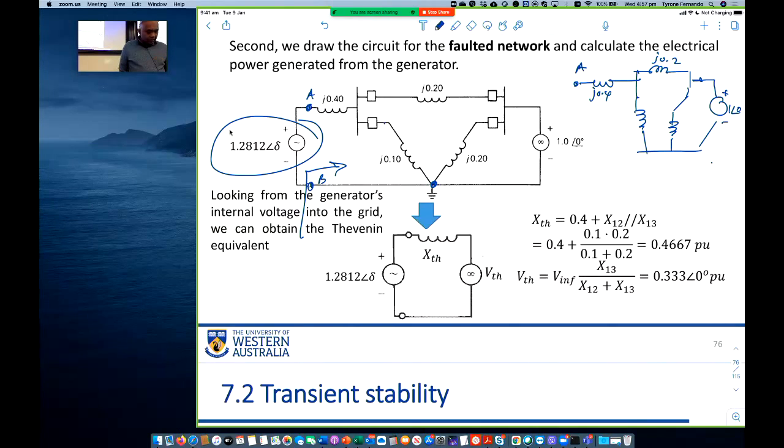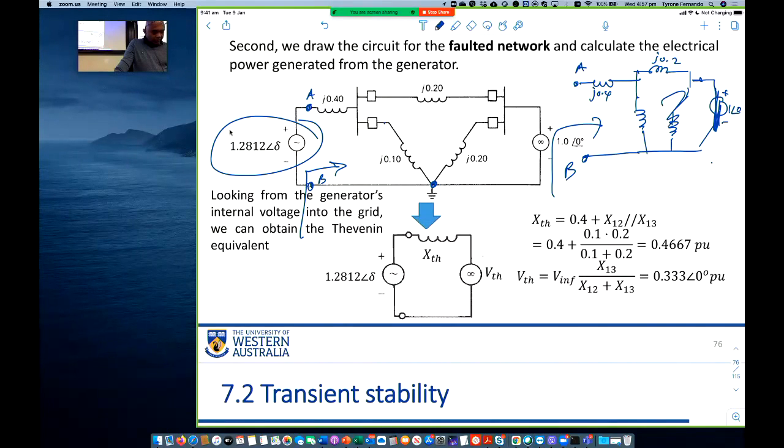I have something like this, isn't it? So how do I find the Thevenin impedance looking into that? I short circuit this source. And if I short circuit that, then what happens?